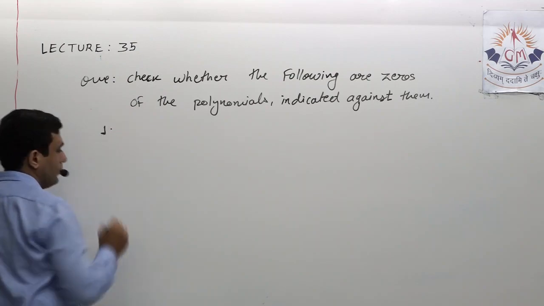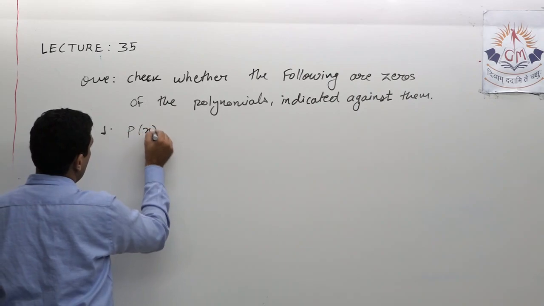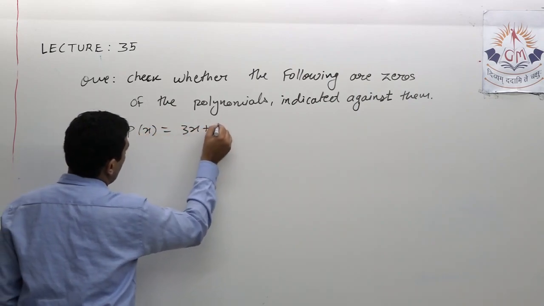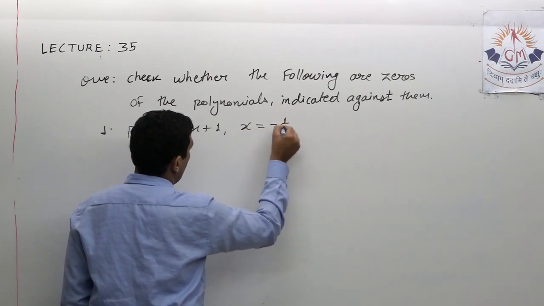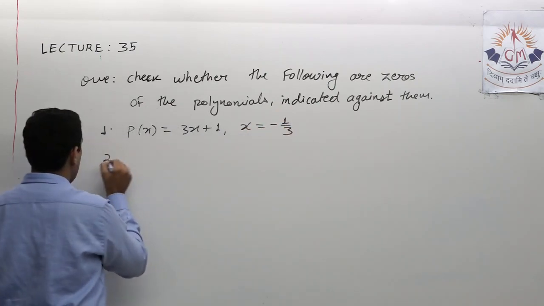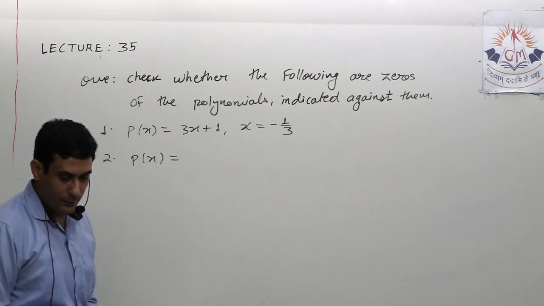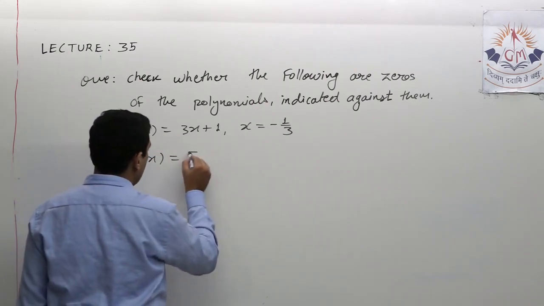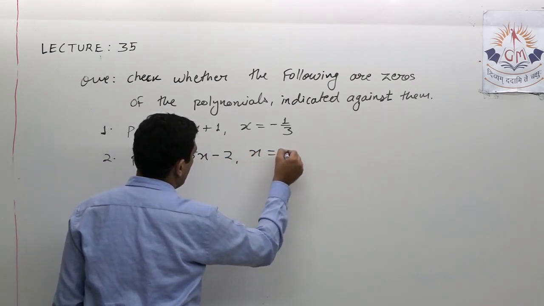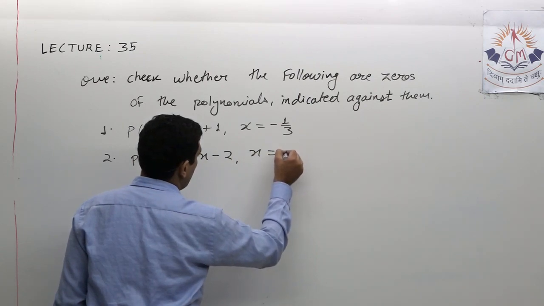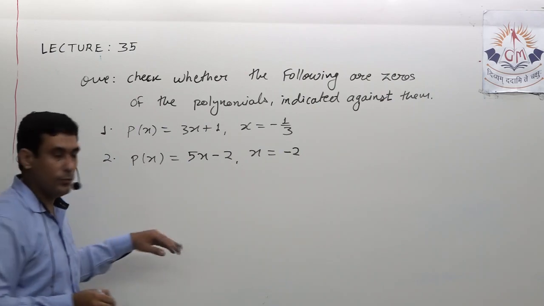Okay, in this first one, p(x) is equal to 3x plus 1, x equal to minus 1 by 3. Second, p(x) is equal to 5x plus 2, x is equal to minus 2. Okay, let us see first these two and then we come to the next question.